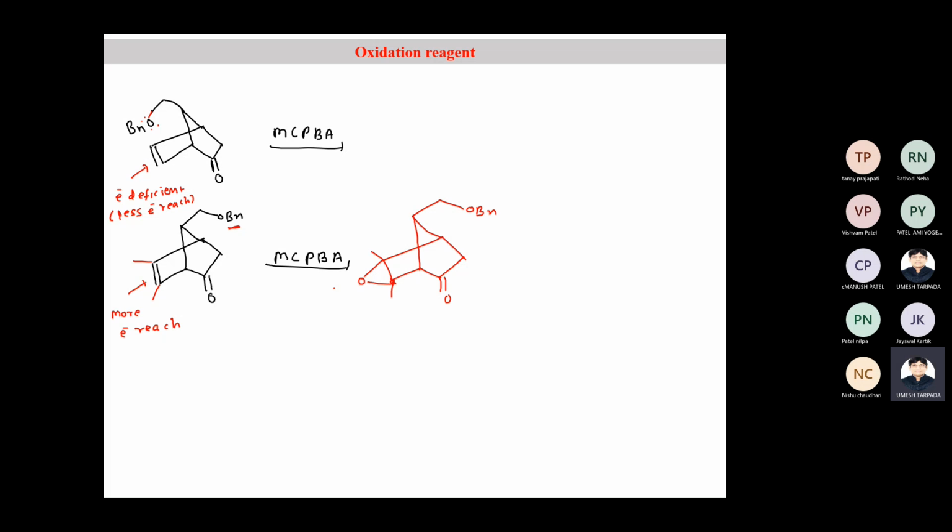But what happens here? The reaction that takes place here is epoxidation. But in the other case this double bond is electron deficient and therefore it undergoes simply ester formation, that is called oxygen insertion. It's a Baeyer-Villiger oxidation. Oxygen insertion takes place.